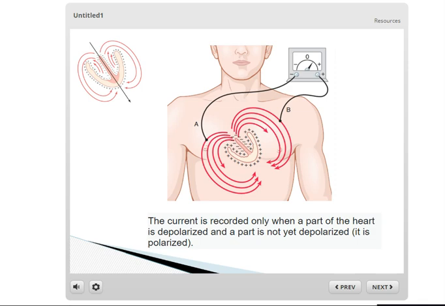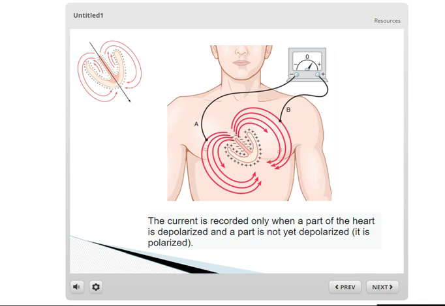It is this flow of current that is detected by the ECG electrodes and recorded as the various waves P, Q, R, S, T on the ECG tracing.